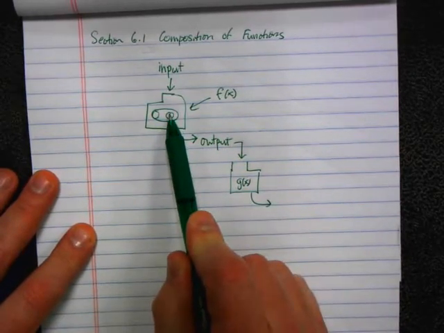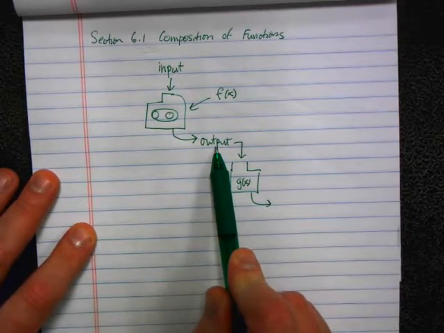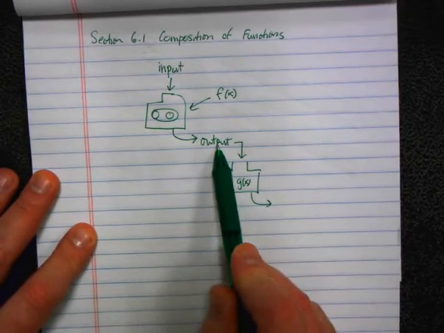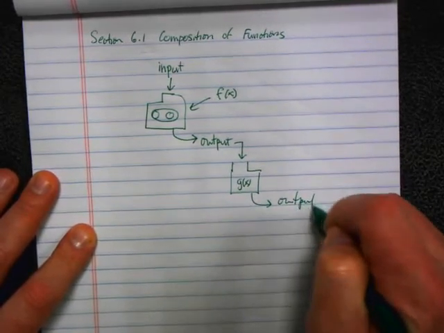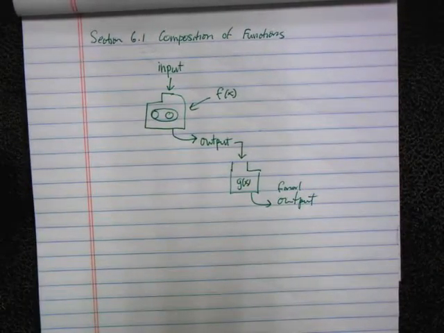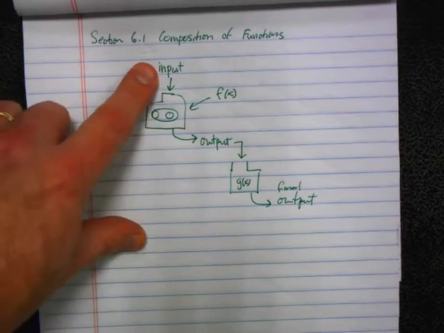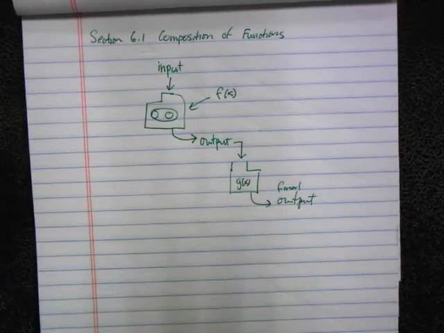When you plug a number into a function, that gives you an answer, that gives you an output. You're going to take that answer and plug it into another function, and that'll give you your final output. So basically, you're going to take a number, plug it into a function, get an answer. Take that answer, plug it into another function, and you'll get a second answer, and that'll be your final answer.